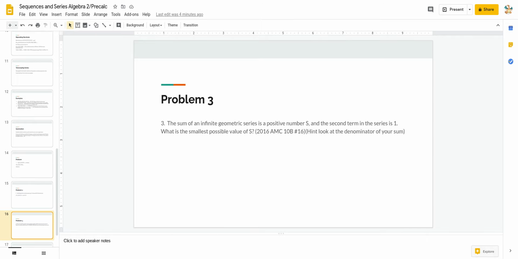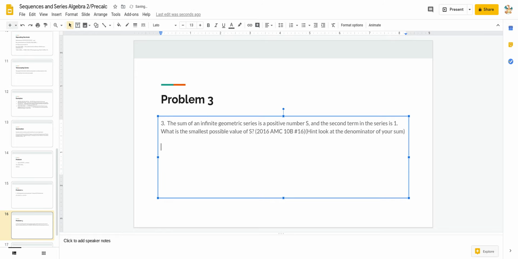Okay, let's discuss it. So the sum is s and the second term is 1. So if you let your first term be, let's just say 1 over r, then the second term is going to be 1, then it's going to be r, and so on.